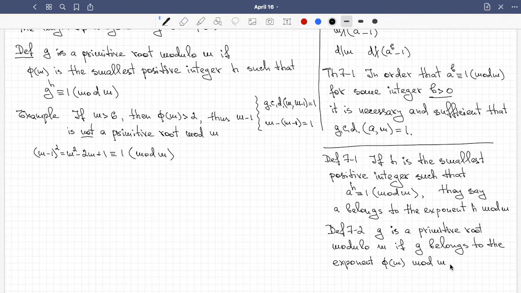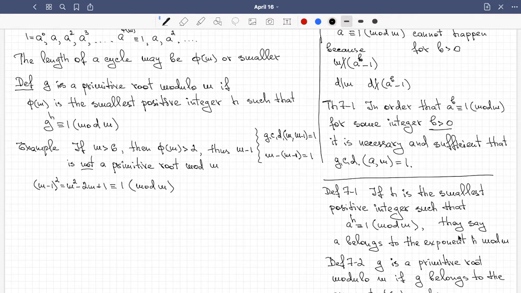Oh, you see, this is absolutely the same thing as I did. I just did not introduce this heavy construction. So J is a primitive root means that phi of m, in our definition, is the smallest positive integer such that J raised to this power is 1 mod m.